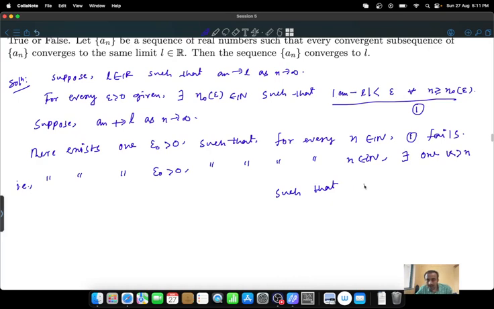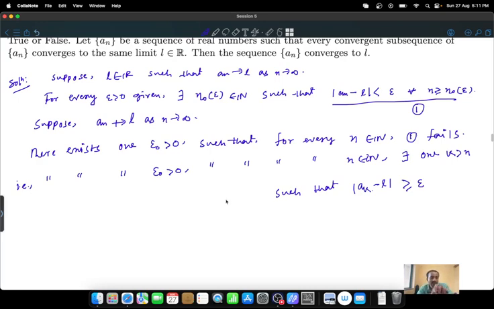If that is not true, then what is the negation? That is greater or equal to epsilon, but n has to be replaced by k. So you got the point.